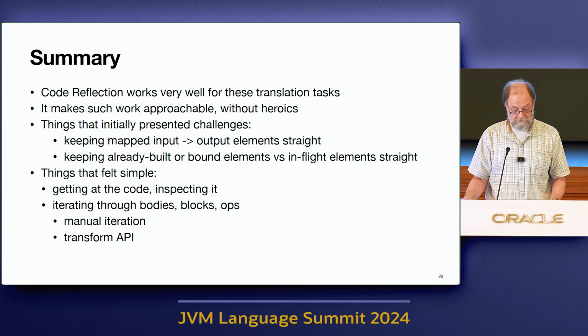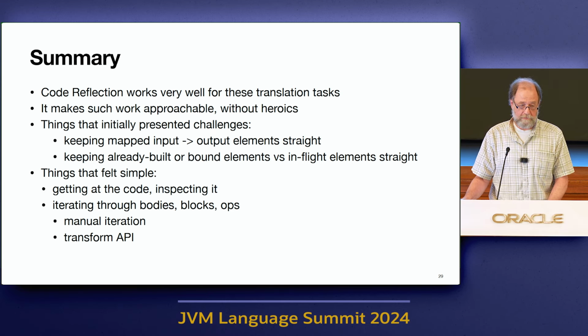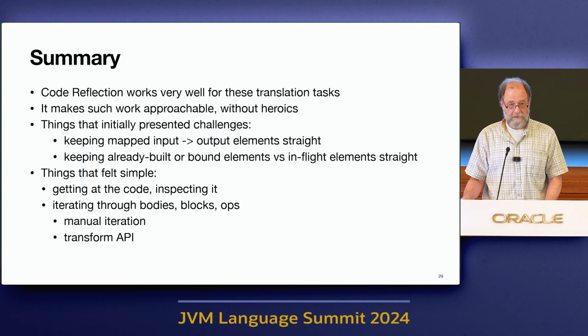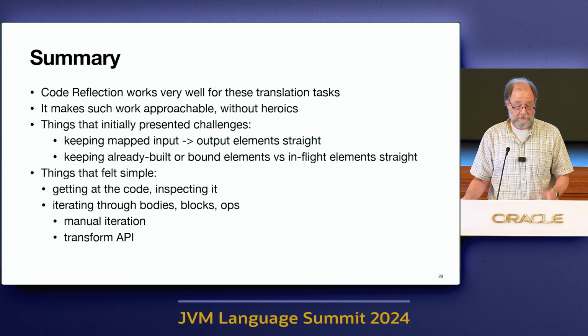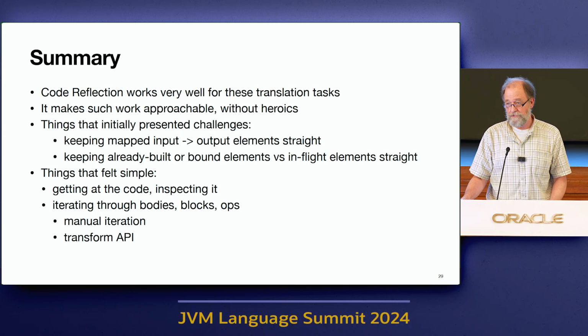Things that felt really simple from the beginning were getting at the code, inspecting it, and doing the iteration you needed for analysis and transformation. It was easy to do with manual loops because I knew how to write those, and they all just worked. And it was even easier to use something like the transform API because a lot of that boilerplate left. So it's a very happy experience using code reflection for these tasks.